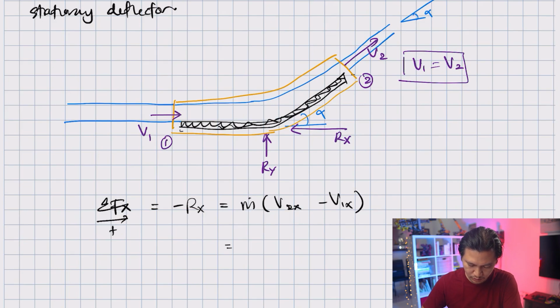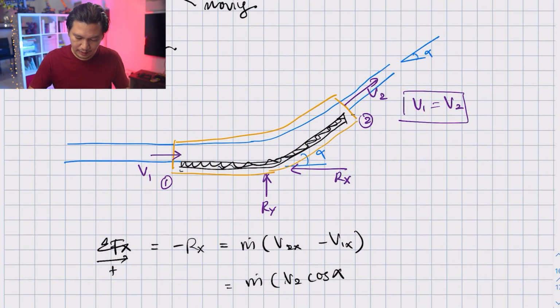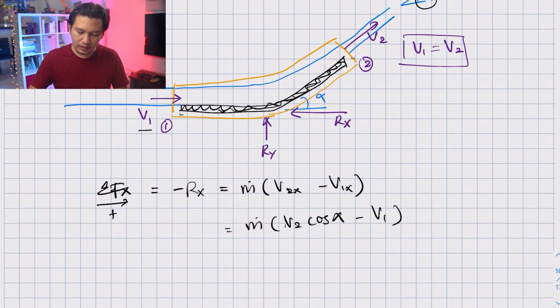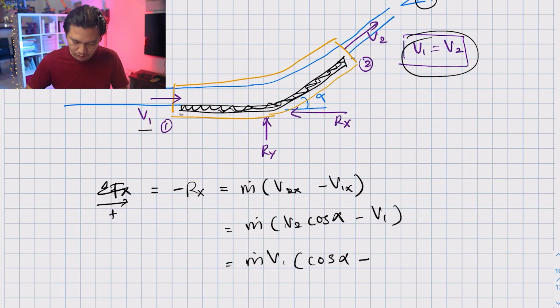This is equal to m dot V2 cos alpha, remembering that the angle here is alpha, minus V1, and V1 is perfectly in x direction. We also know that V1 equals V2, so I can further simplify this to m dot V1 times cos alpha minus 1.